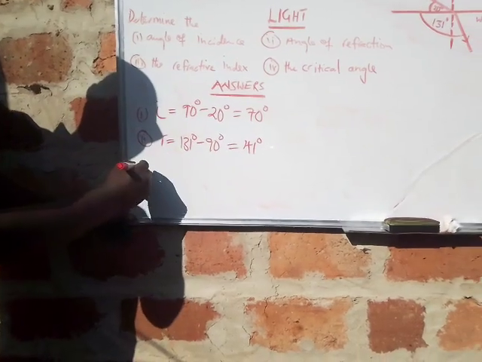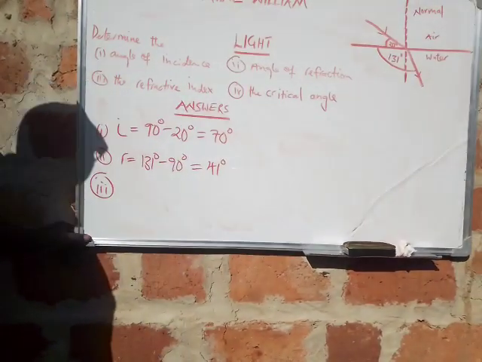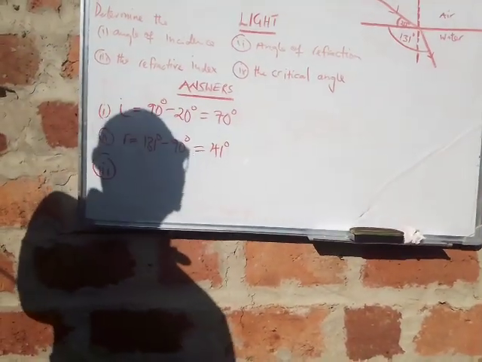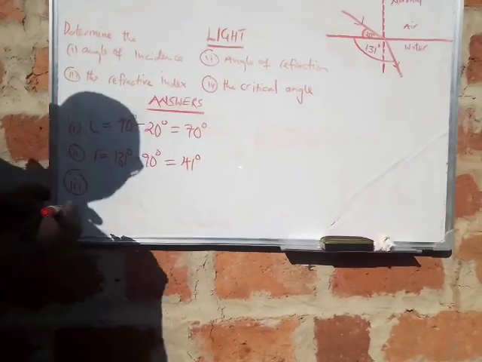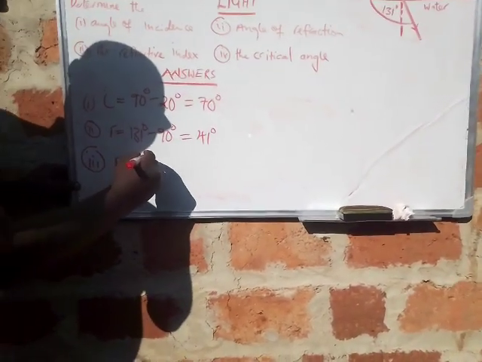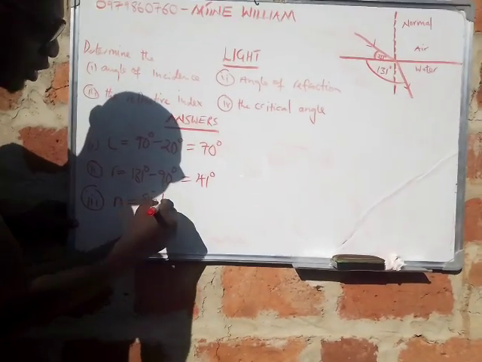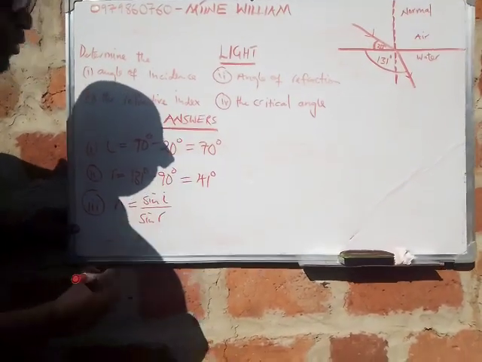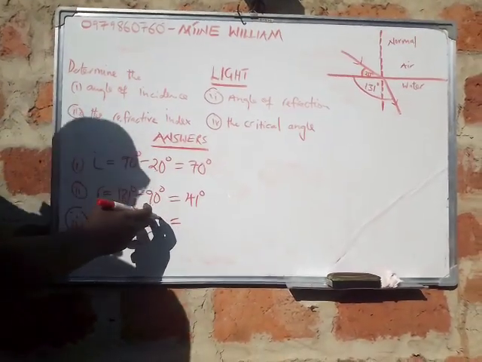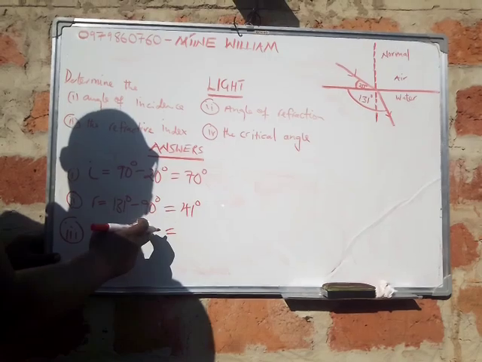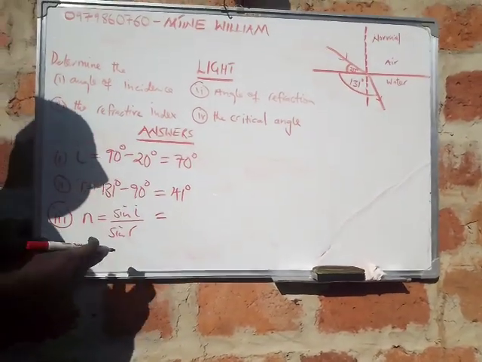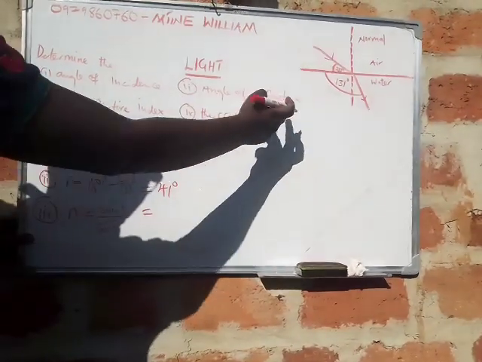Number 3, they are asking for the refractive index. For us to know the refractive index, we need to consult Snell's law. According to Snell's law, the refractive index is equal to sine of incidence over sine of refraction. I stands for the angle of incidence and R stands for the angle of refraction.